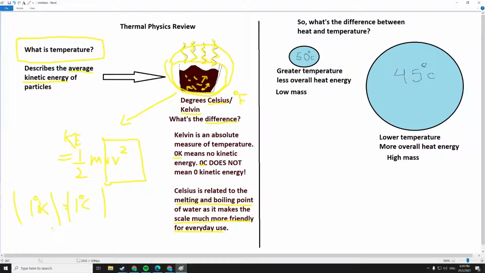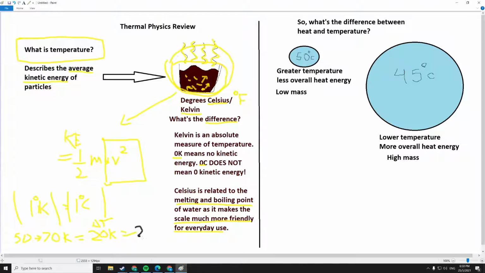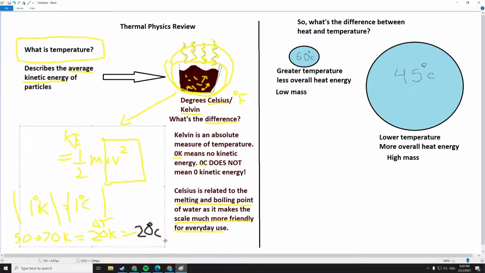So, if you have a temperature change from 50 to 70 Kelvin, then you have a temperature change which is equal to 20 Kelvin, which you can write as delta T, which will also be equivalent to 20 degrees Celsius because they scale the same way. The only difference is obviously, like I said, with the offset.